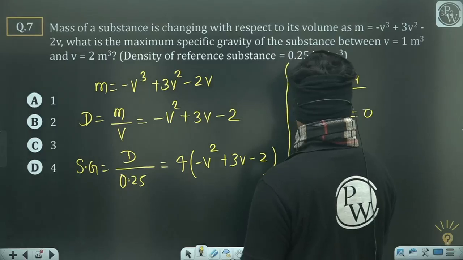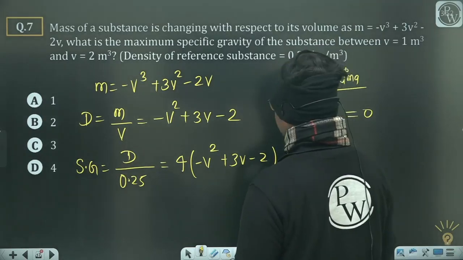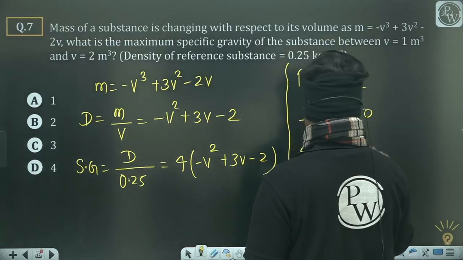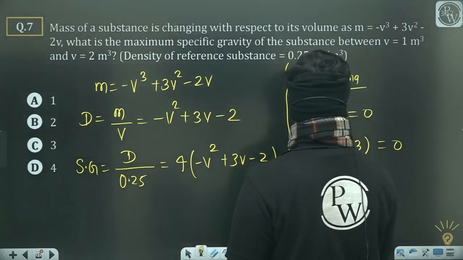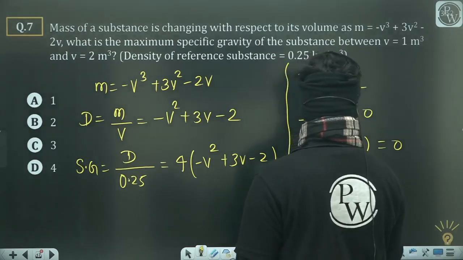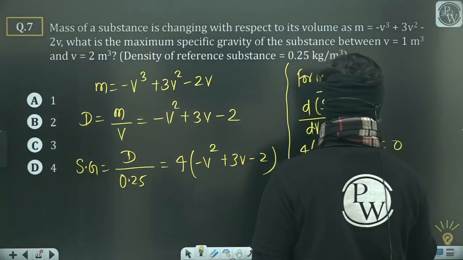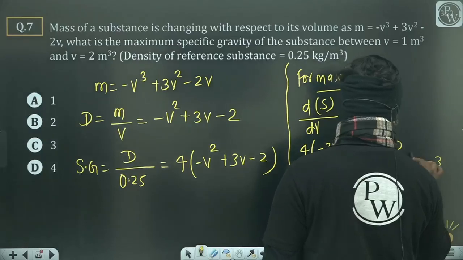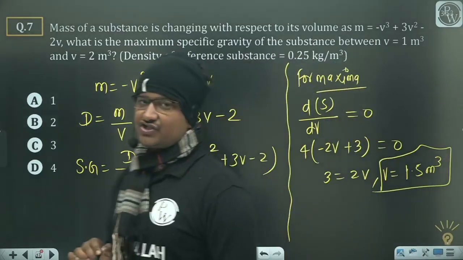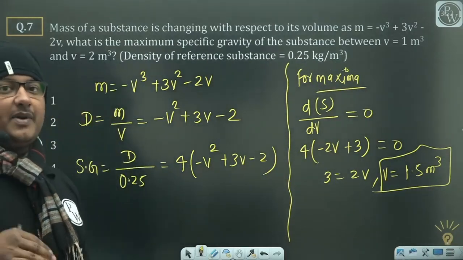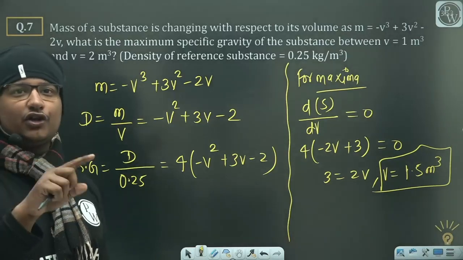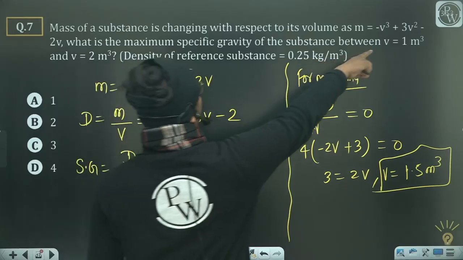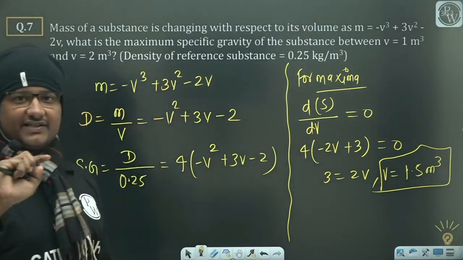Differentiation of minus V square will be minus 2V, plus 3 equal to 0. So it will be 3 equal to 2V, so V equal to 1.5 meter cube. This is the condition of volume in which the specific gravity will be maximum, and this comes in the range of 1 to 2 also, which is given in this question, that volume will be between 1 meter cube and 2 meter cube.